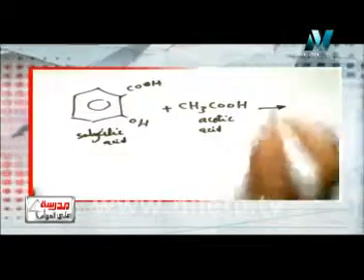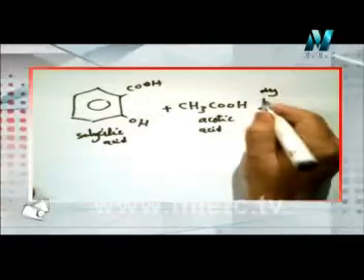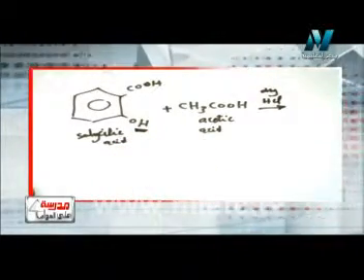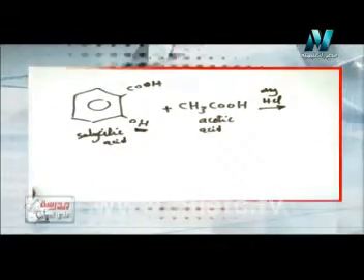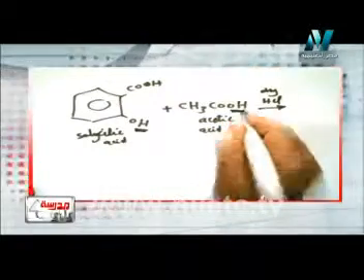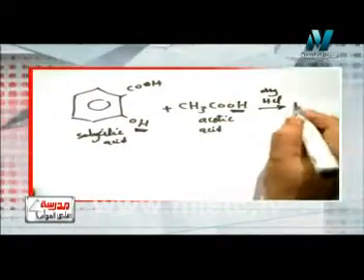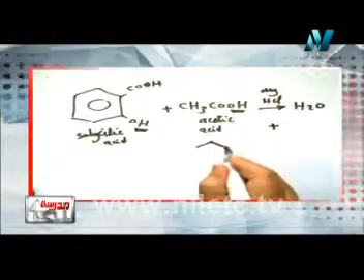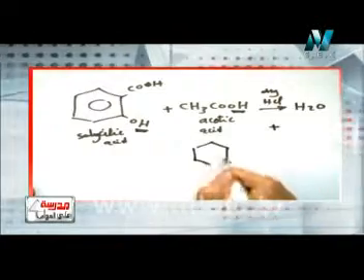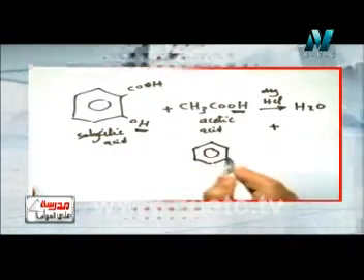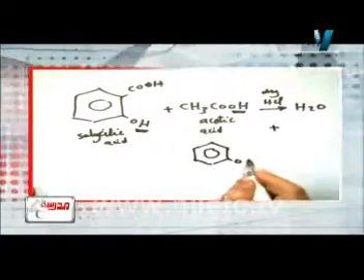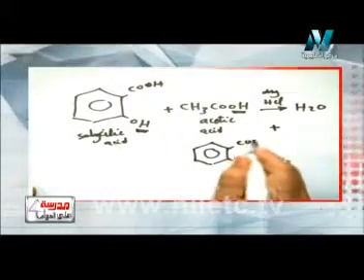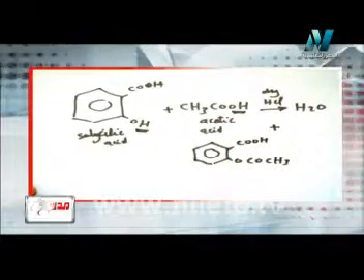Also in the presence of dry HCl, H is removed from the hydroxyl group and OH from the acid to form water, plus the ester part, O, CO, CH3, and here COOH is still attached.